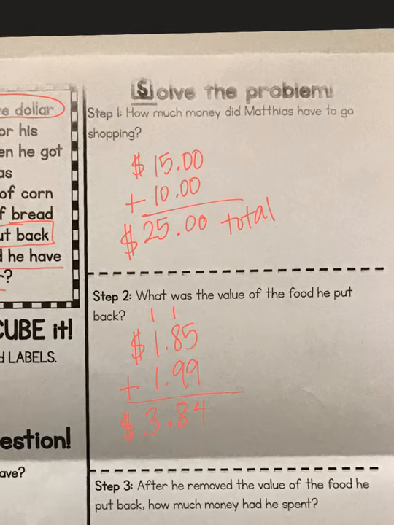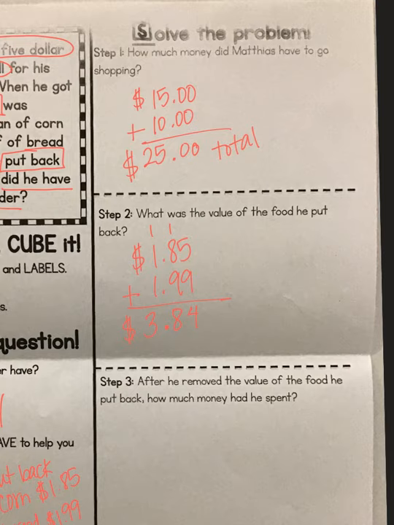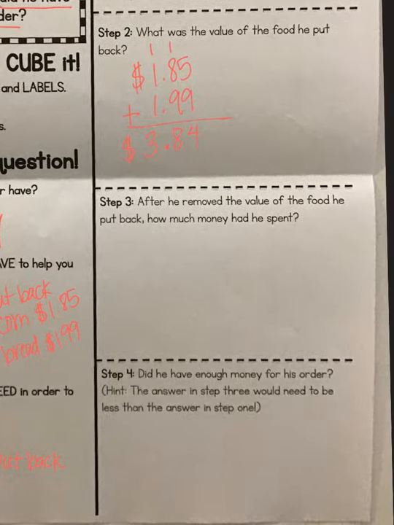Y'all just follow along. Okay, so now that we have how much money he's put back, after he removed the value of the food he put back, how much money had he spent? Well, what was the total, Gavin? $28.35.